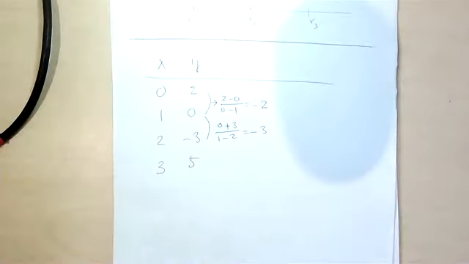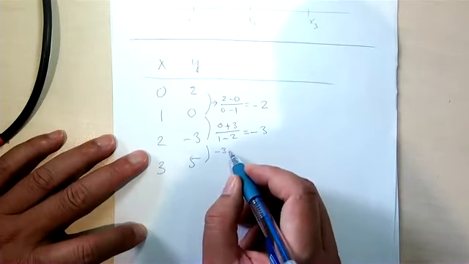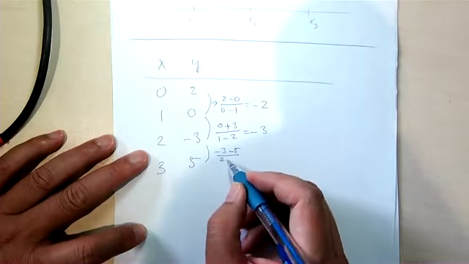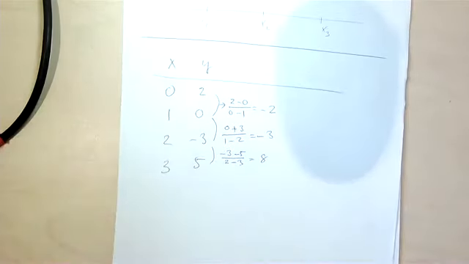So you got minus 3 here for the second one. And for this one, you got minus 3 minus 5, which is minus 8, divided by 2 minus 3, so 8. That's why you got the number 8 here.